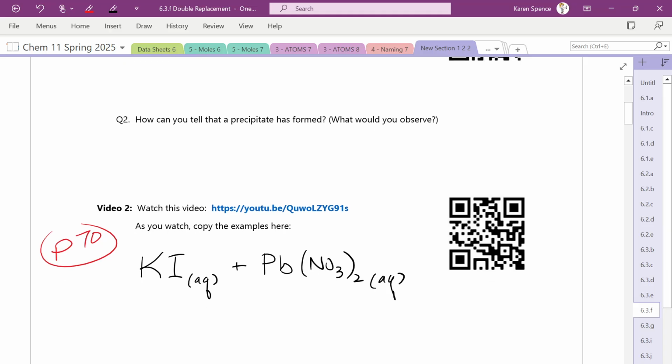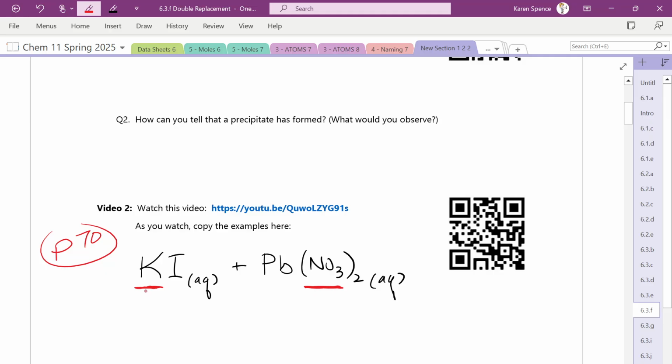Okay? So we have KI, Pb NO3. And this is a double replacement reaction. We are going to take our outside ions. So this is an outside ion, and that's an outside ion.